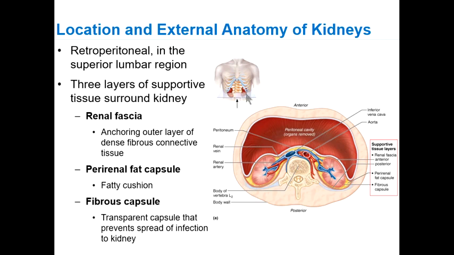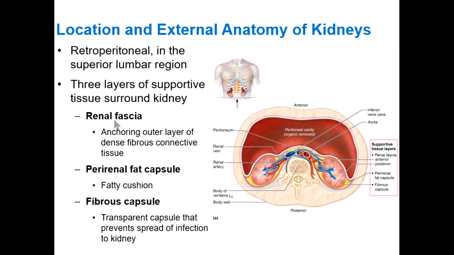They're also located a little higher up than most people think. They're in the superior part of the lumbar region. Remember our chapter 1, abdominal pelvic regions. Then we have supportive tissue surrounding the kidney. And these are the three types of supportive tissue.